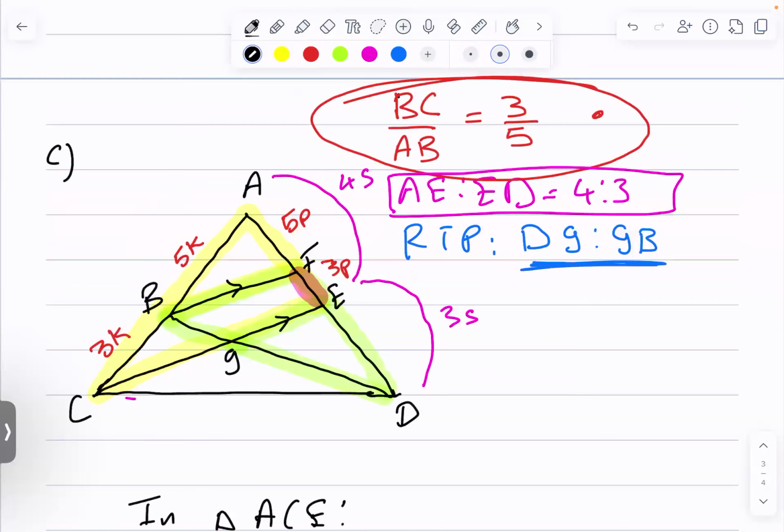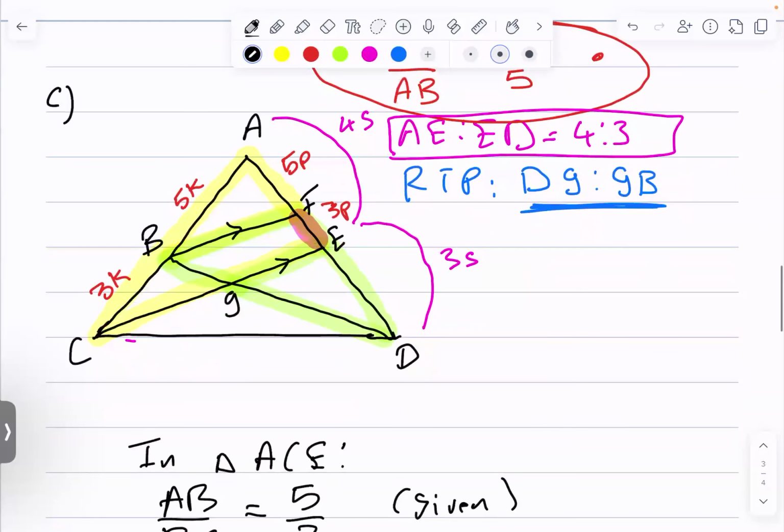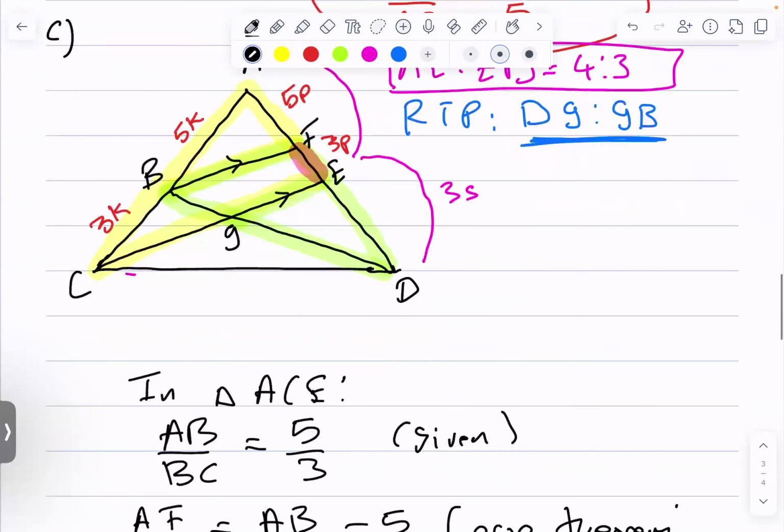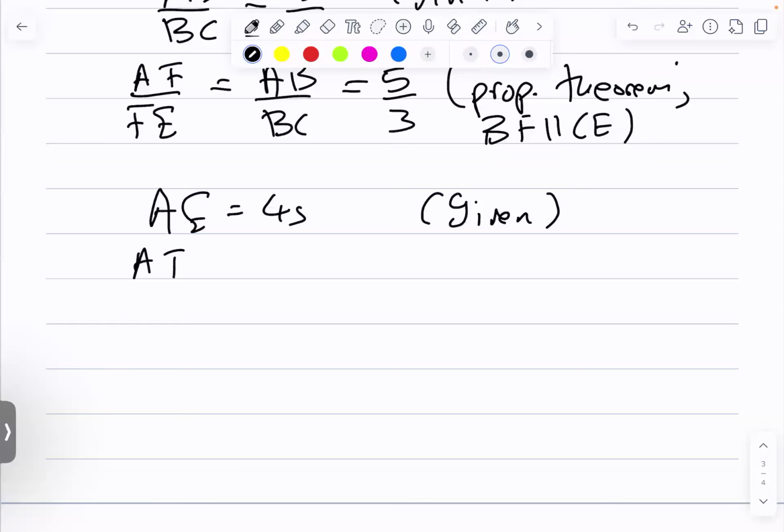And then we're going to say AF plus FE equals 4S.